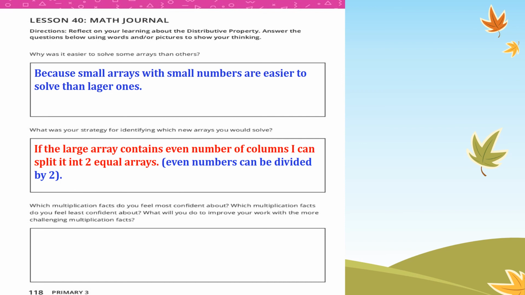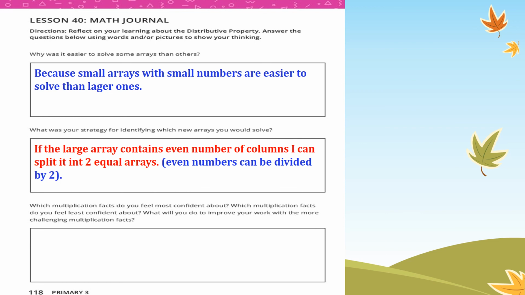Question number 2. What was your strategy for identifying which new arrays you would solve? When I split the array into new, smaller arrays, what is our strategy? I can say if the large array contains an even number of columns, I can split it into two equal arrays.